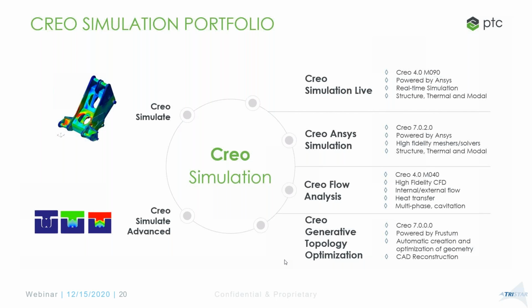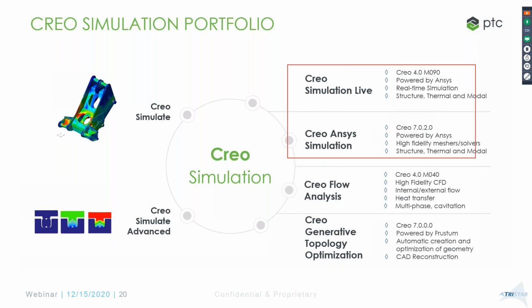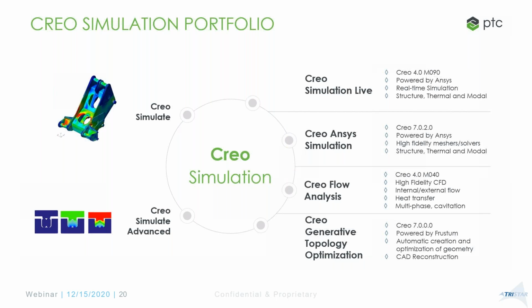So a couple of them are just recently done in Creo 7, I know, but Creo Simulation Live and Creo ANSYS Simulation, both of these are powered by ANSYS, right? So one is a real-time solution, right? The other is high fidelity, giving you mesh control and some additional options like joints and contact definition, things like that, right? So those are the 2 options.